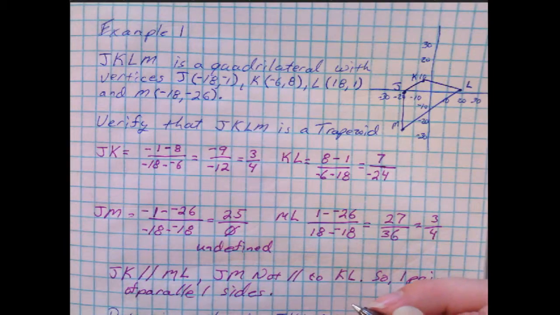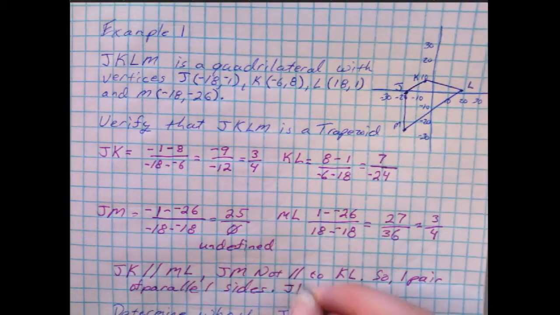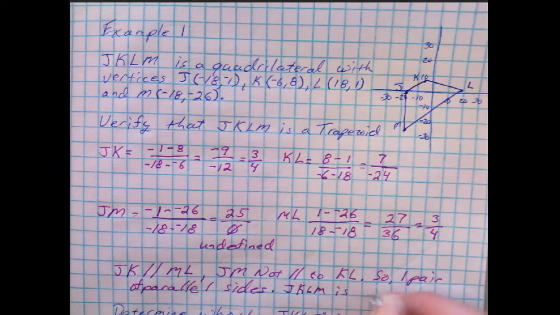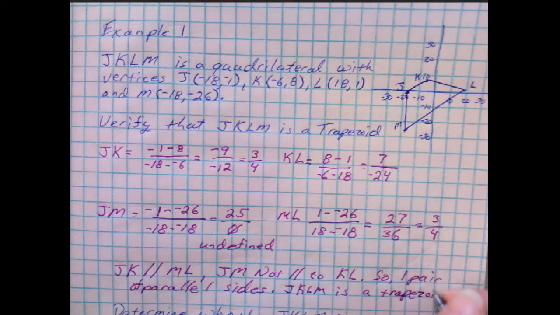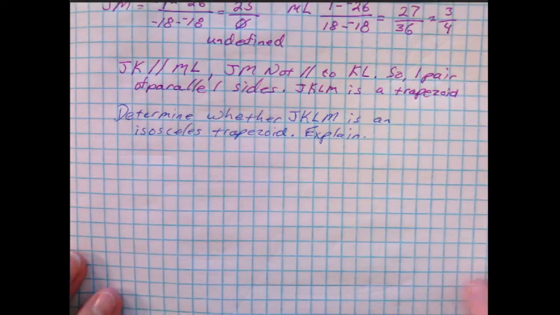So since it has exactly one pair of parallel sides, we know JKLM is a trapezoid. Alright, so moving on to the next piece. We're going to determine whether JKLM is an isosceles trapezoid.